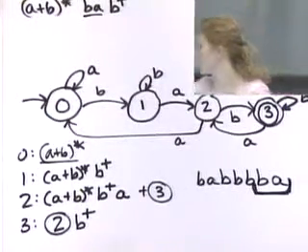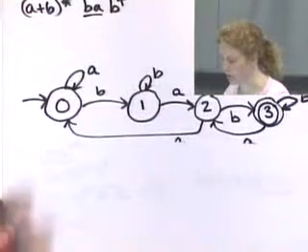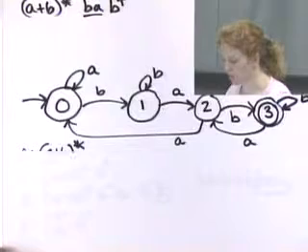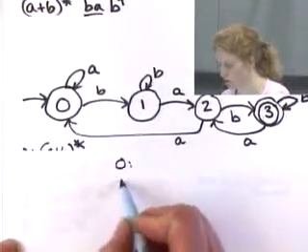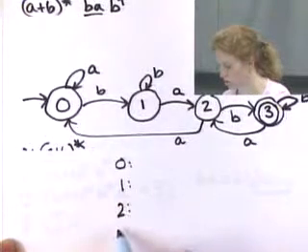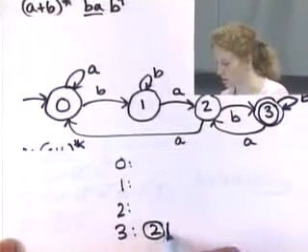So let me actually draw this over again because I assumed that 0 was correct. So let's go back and do it, not assuming that anything is correct. So 3 was definitely 2B plus.